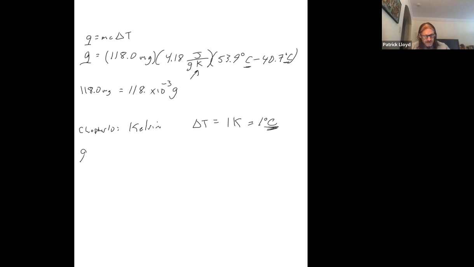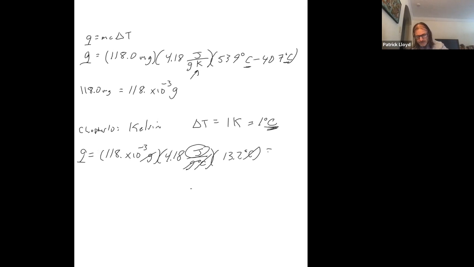So that means that Q is 118 times 10 to the minus 3 grams times 4.18 joules per gram degrees C. And then our temperature change, it looks like it's around 13.2. Is that right? 53.9 minus 40.7, so 13.2. And take a look, the degrees Celsius cancel. The grams cancel, and you're left with joules, which should be our energy units, right?